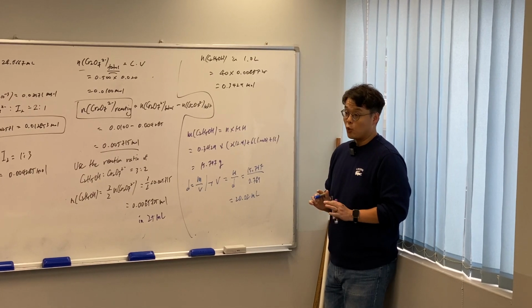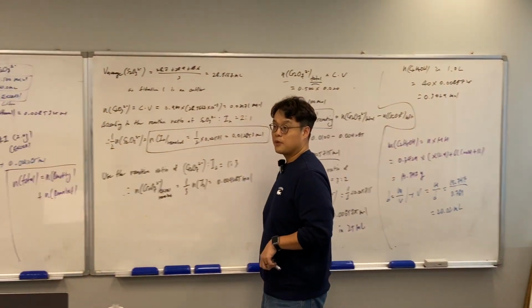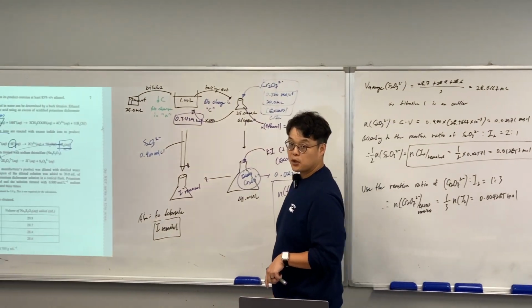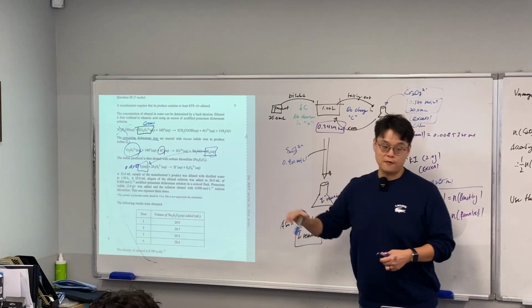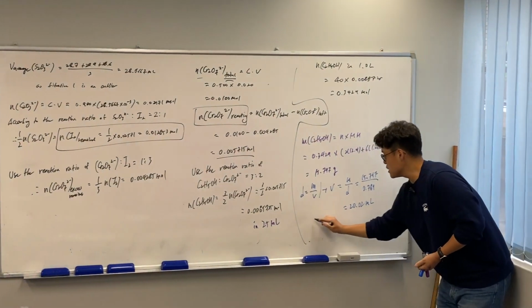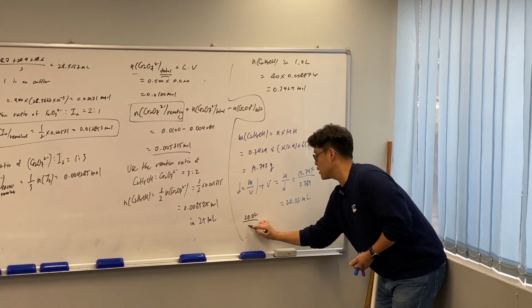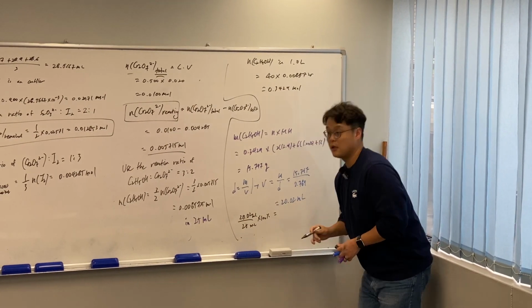Okay, now what do we know? This is the ethanol in how much of the products? 25 mL of products too. So the final step is therefore: 20.02 divided by 25 milliliters times 100%.